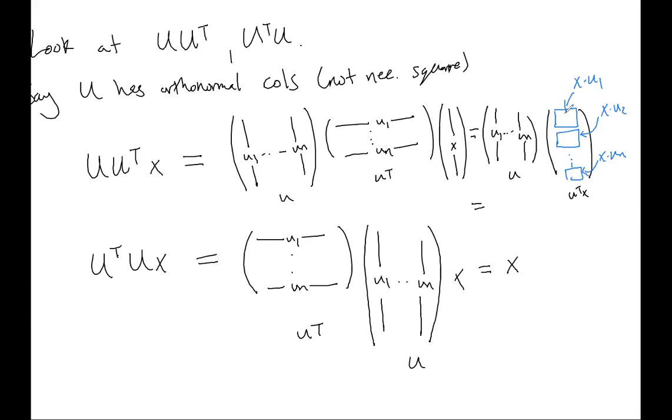We have the first entry times U1 plus the second entry times U2. So writing this all out, this equals x dot u1 times u1 plus dot dot dot x dot un times un. And what is this?